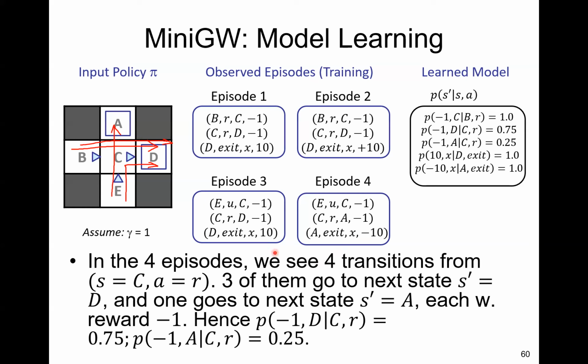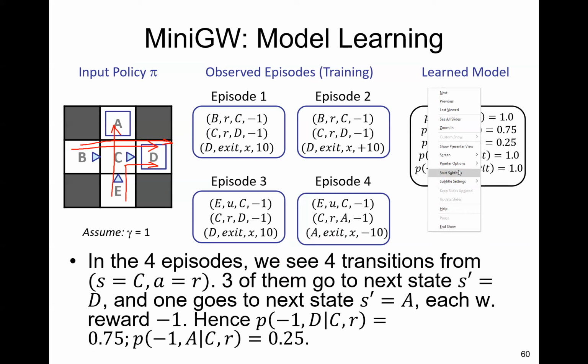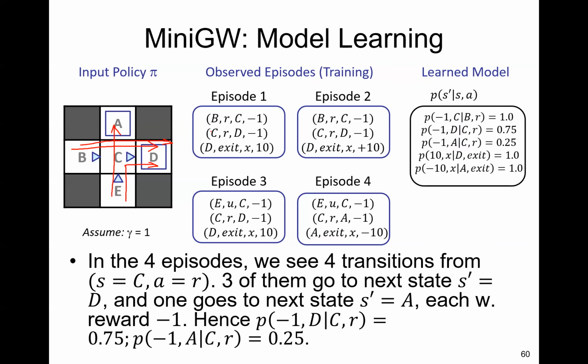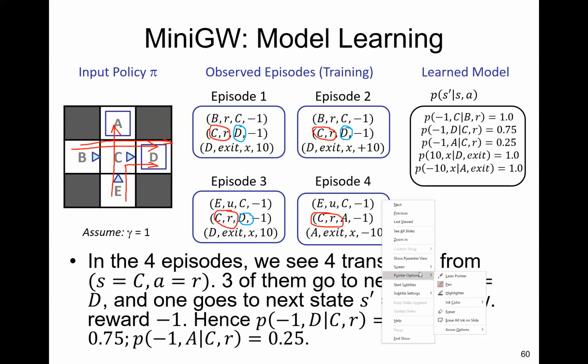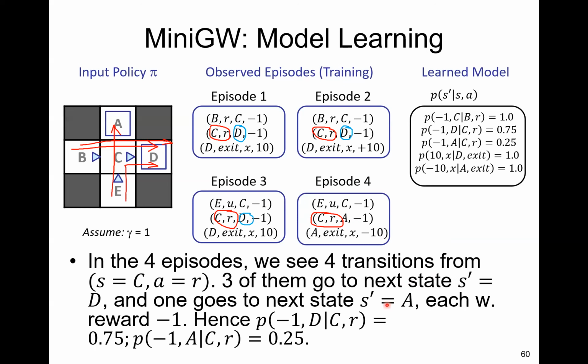So for the same state action pair, C right, you have 3 of them went into D, and 1 went into A. And also the rewards are always -1.